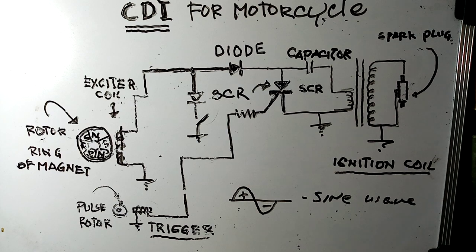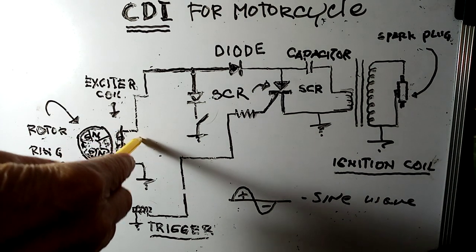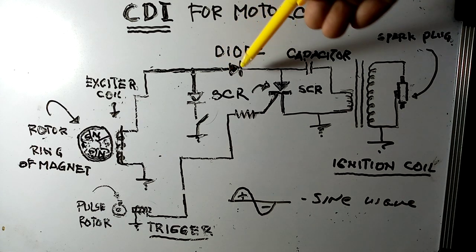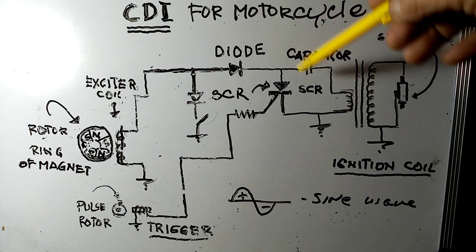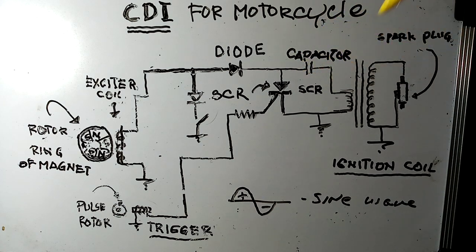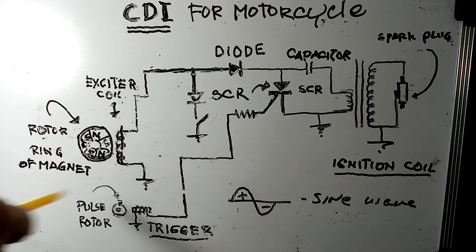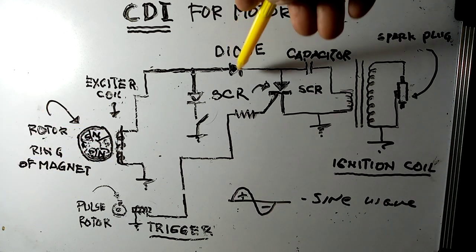When the north or south rotates, and this one becomes positive or negative, the diode will not conduct because the polarity is reversed. So the voltage stored here remains in storage. When the south again, because it is rotating, faces the exciter coil again, it will charge.